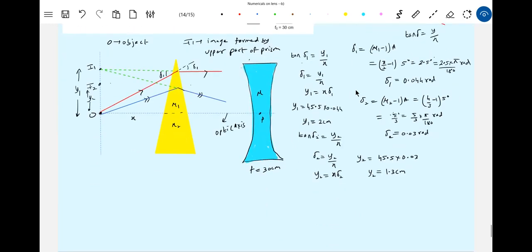So we'll apply the lens equation, 1 by v minus 1 by u equals 1 by f. What is the object distance?